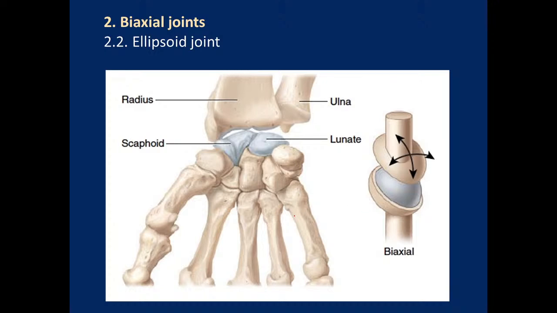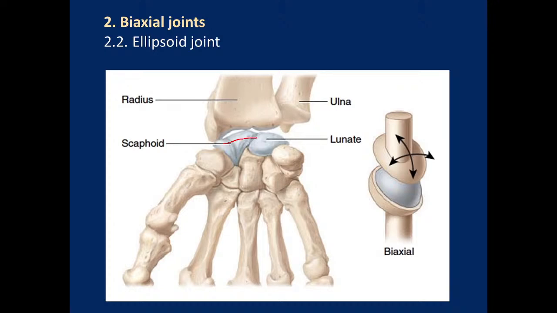Biaxial joints also have a variant called ellipsoidal or ellipsoid joints. Here the convex oval-shaped projection of one bone fits into the oval-shaped depression of another bone.